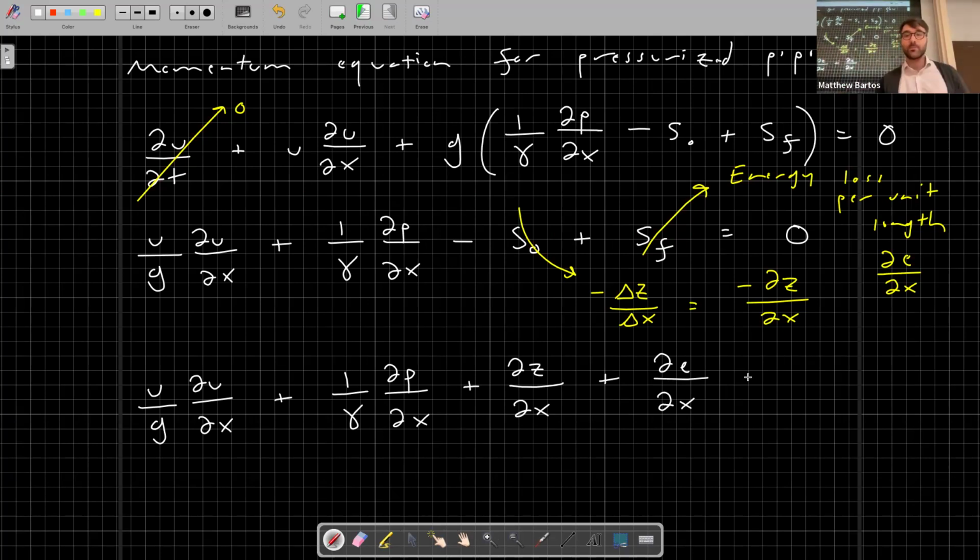This is equal to 0. You'll notice that all of these terms are derivatives with respect to x. So we can now integrate this entire equation with respect to x.